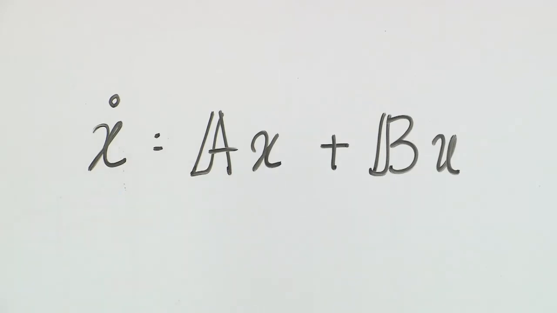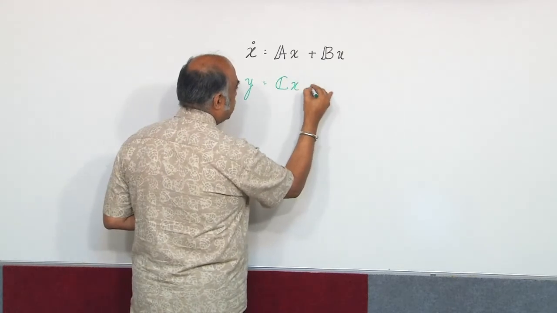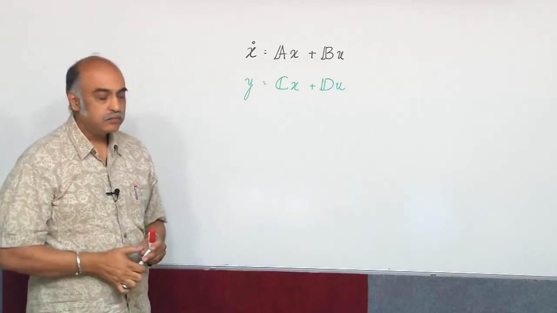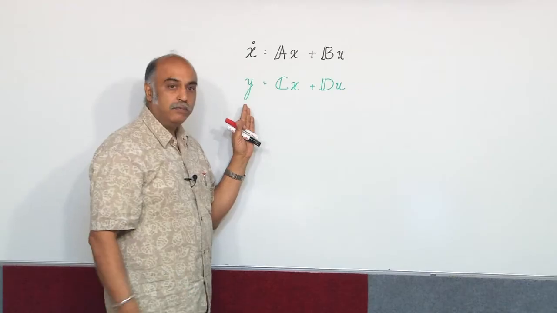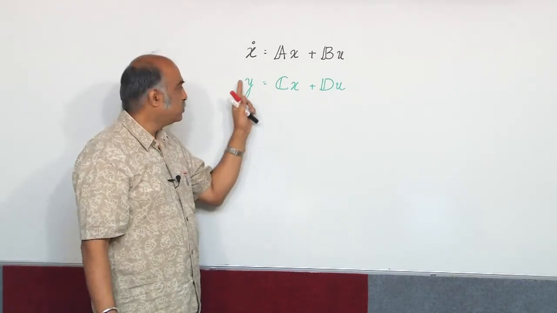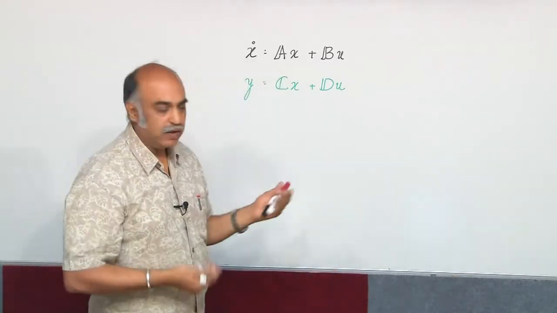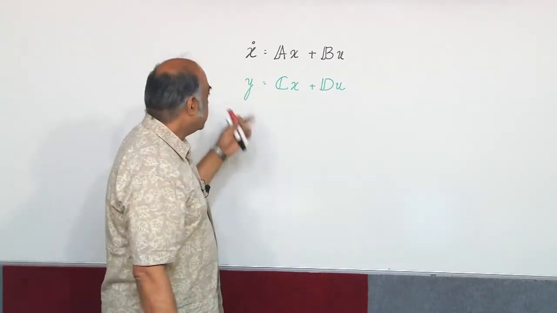But in general it goes along with the output equation, y equals Cx plus Du. This is the output, could be a feedback output or it could be a performance output. In many places in the literature you will see this replaced with Z. They will say performance output is Z, feedback output is Y, but as long as you know what you want to do with the output, you can use any variable.